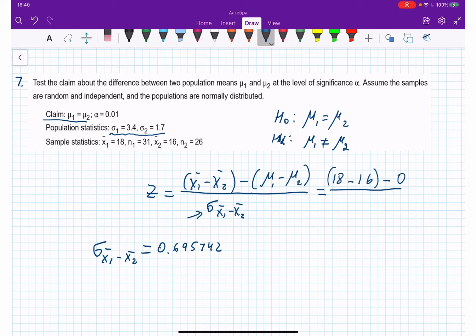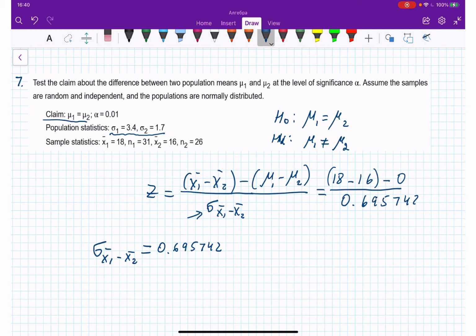And we divide by 0.695742, which is 2 divided by 0.695742, and I am getting 2.87.